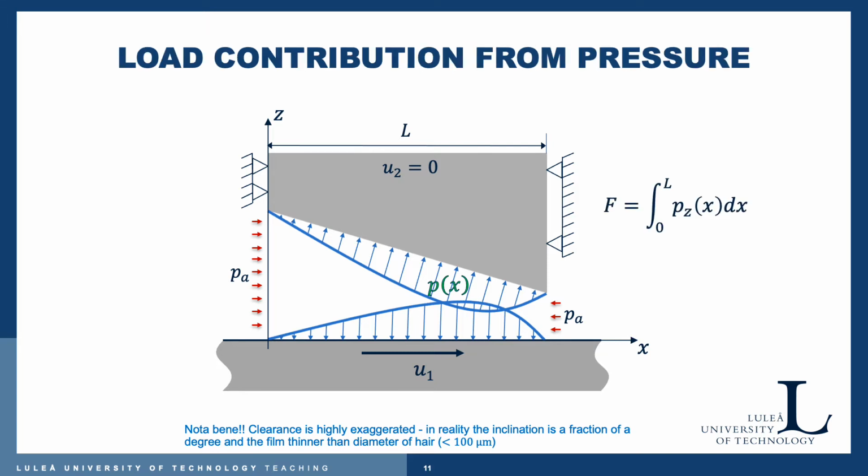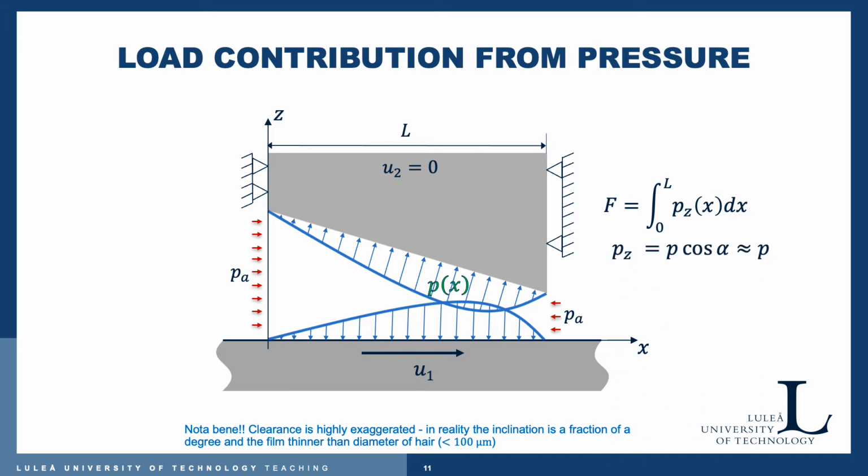The load carrying capacity of the bearing is just the integral of the pressure that develops, but we have to be a little bit careful here. It's the integral of the Z component of the pressure.